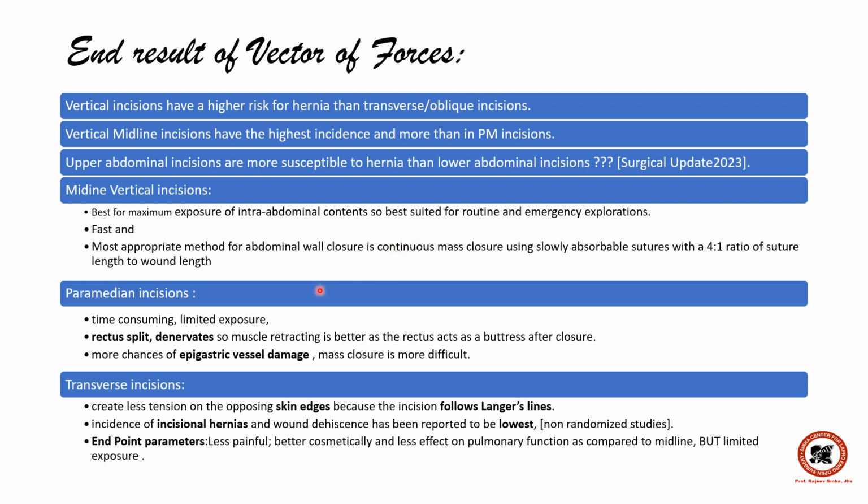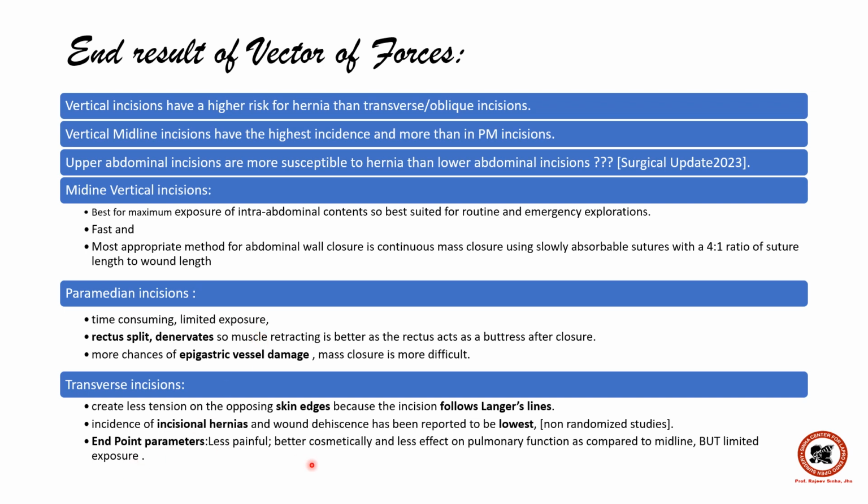The paramedian incisions, which are better as far as ventral hernia is concerned, have the downside of being both time consuming and giving limited exposure. Rectus split causes denervation of the medial segment, so muscle retraction is better, but even in muscle retraction it is always susceptible to excessive retraction, leading to damage to the epigastric vessels, and that's why the paramedian incision has its own limitations.